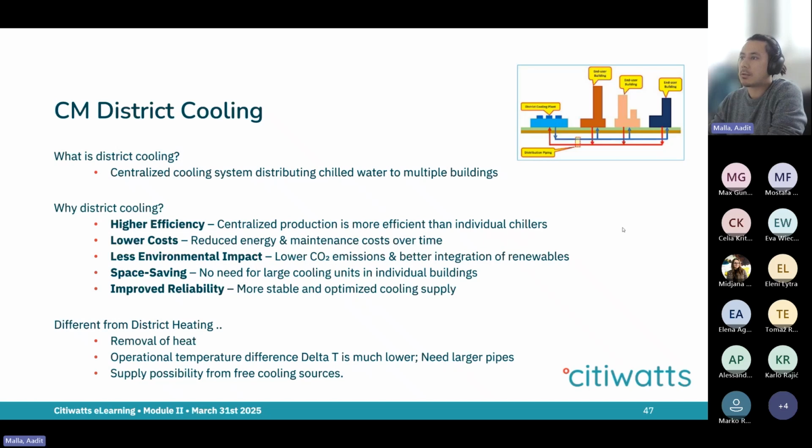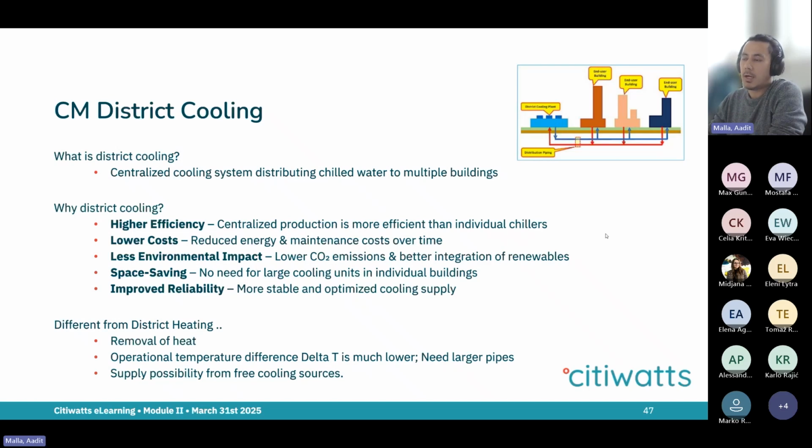Also, the costs are considerably lower. The energy costs are lower, as well as the maintenance costs over a prolonged lifetime. And the environmental impact is much lower compared to the use of refrigerants, as well as the possibility of integration of renewables on a large scale.